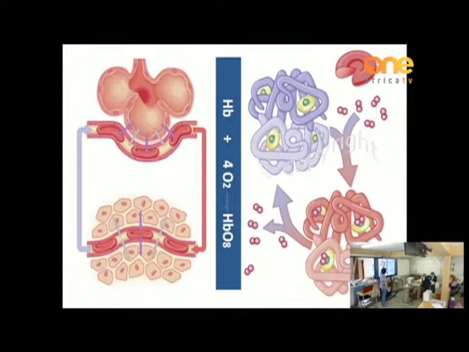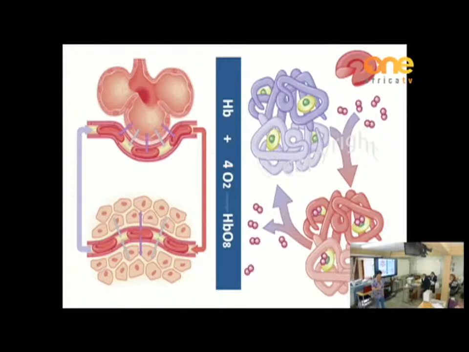Now, there I have a very high pressure. Therefore, the oxygen easily gets saturated with the hemoglobin because of the high pressure. But what do I want to happen when that oxygen, highly saturated, reaches the tissue cells? What do I want to happen? I want the oxyhemoglobin to release the oxygen.